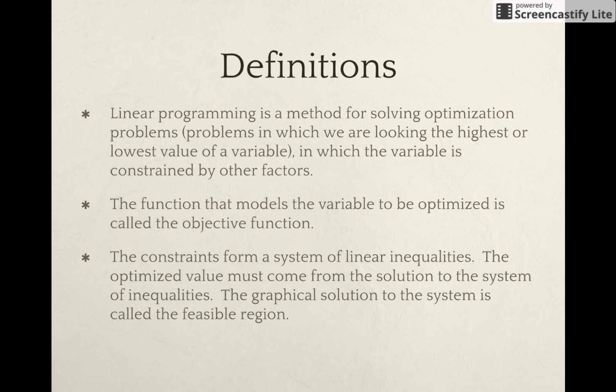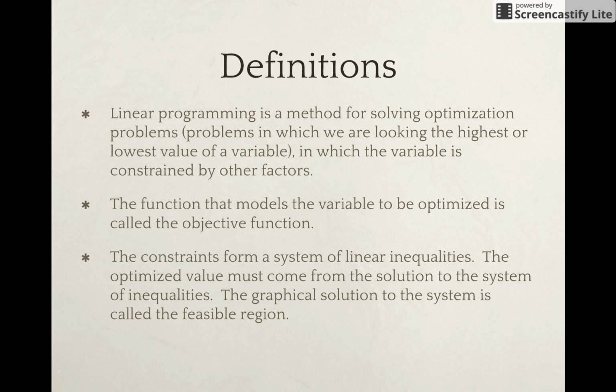When we're looking at these optimization problems, the function that models the variable to be optimized is often called the objective function. It's the function that models our variable of interest. The constraints in the problem form a system of linear inequalities.